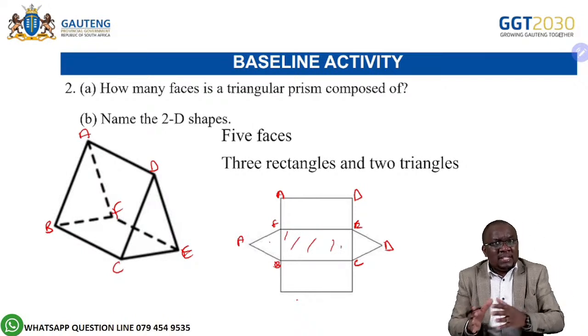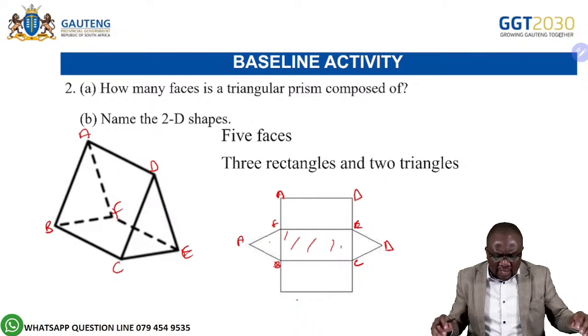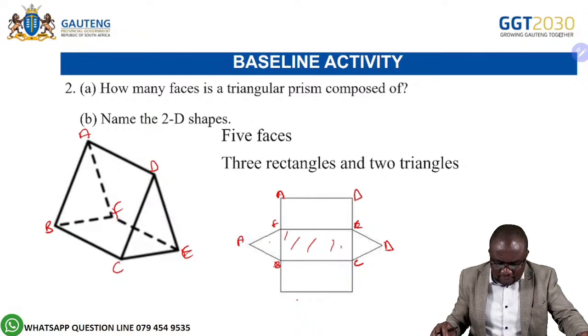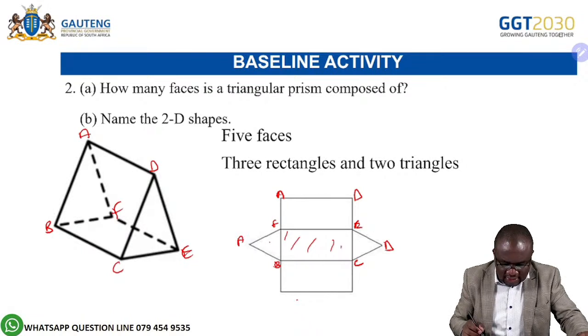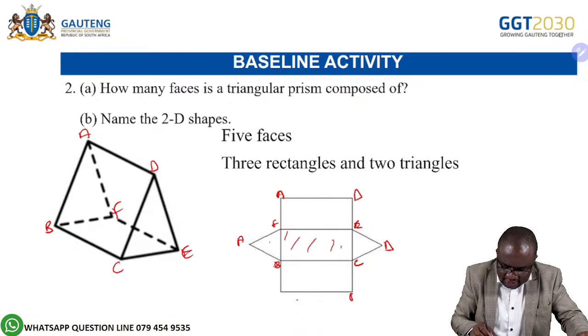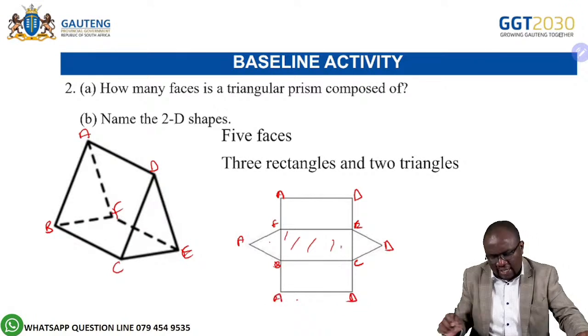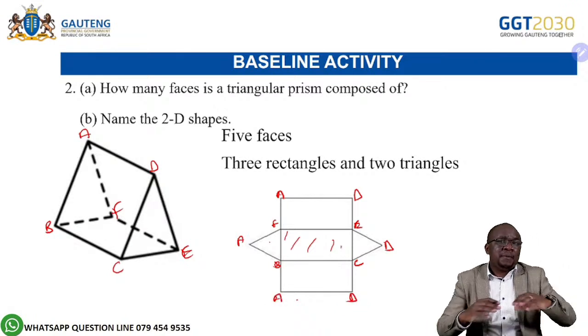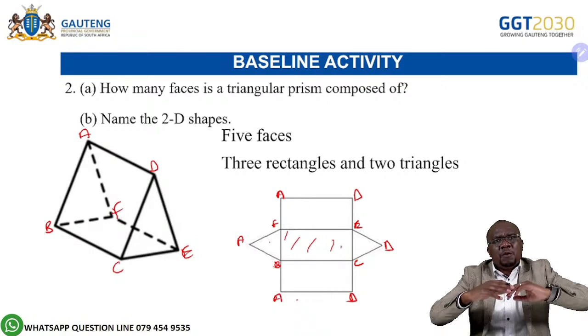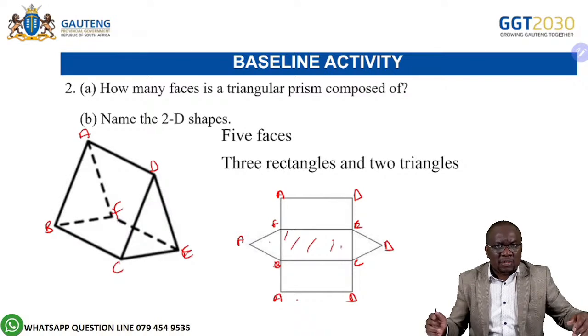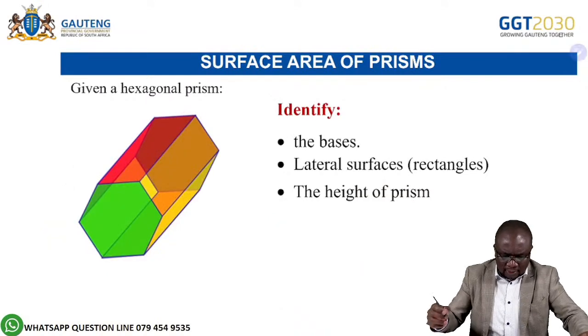Try to link the net and the actual diagram there. And then the last rectangle will be BC and DA. So you should be able to link the net with the actual object. When you open up the prism, you get what we call the net.